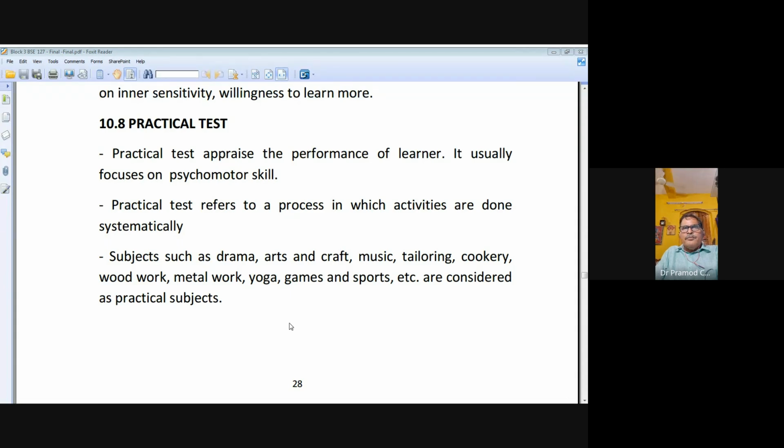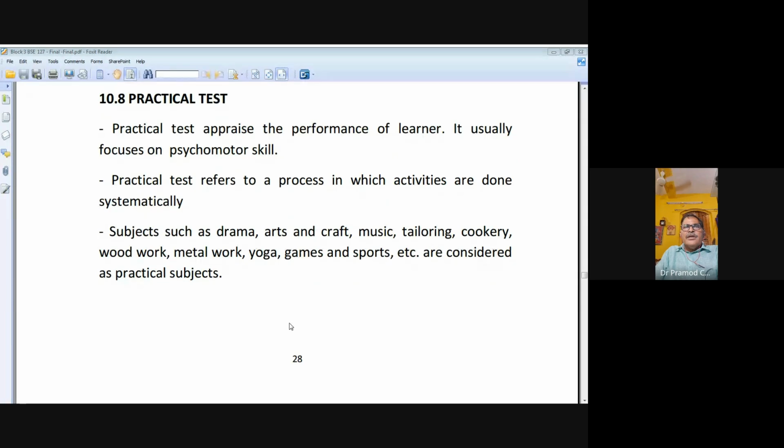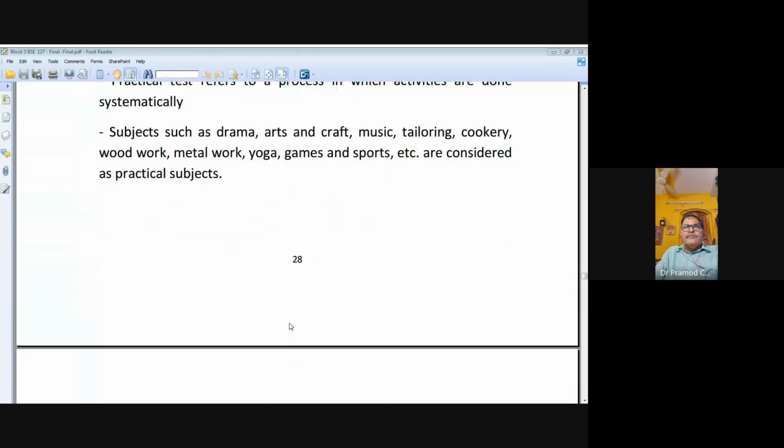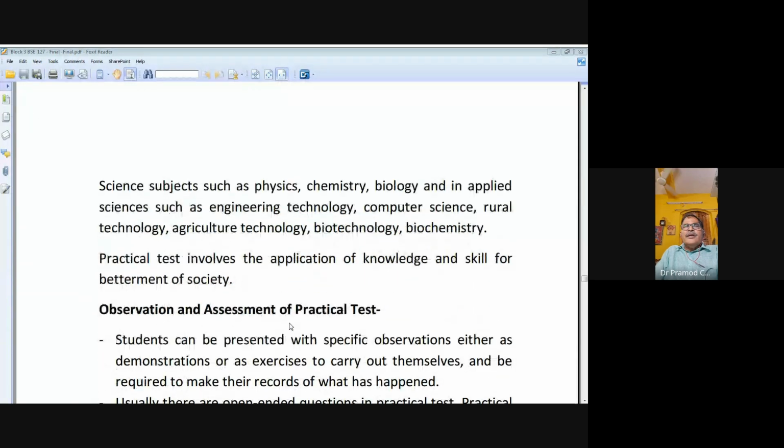We give much more importance to the practical so that we can know how you are performing the task properly. And physics, chemistry, biology, applied science, engineering, computer science, rural technology, agriculture are there.